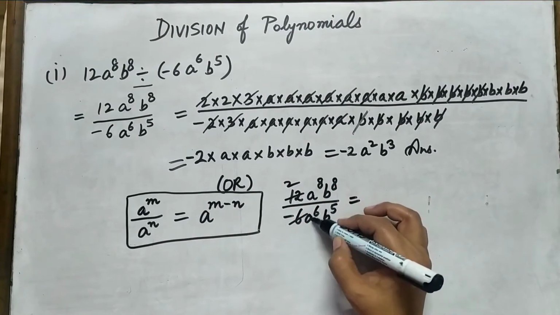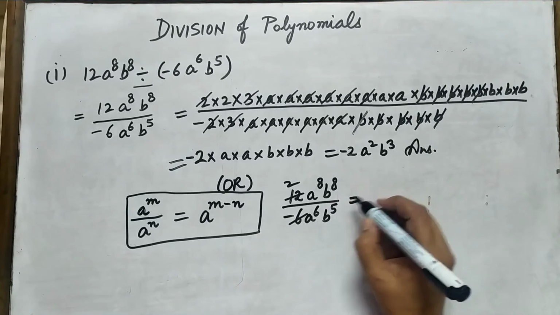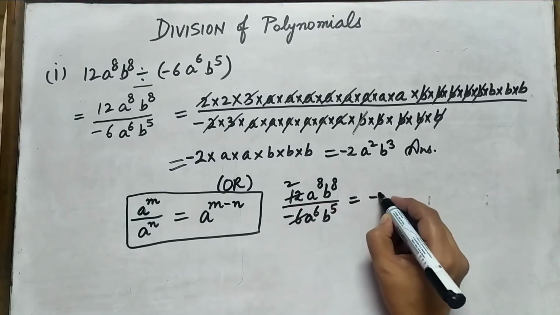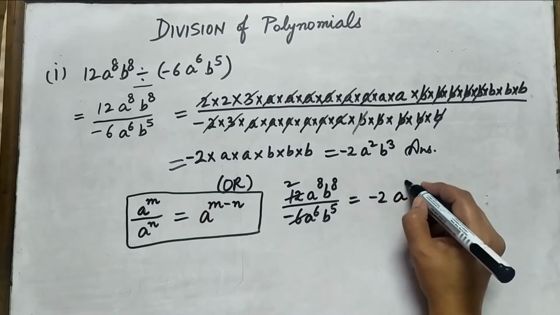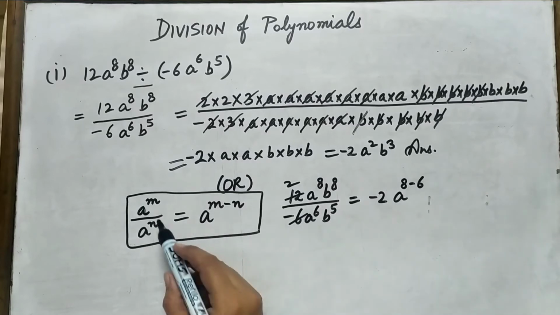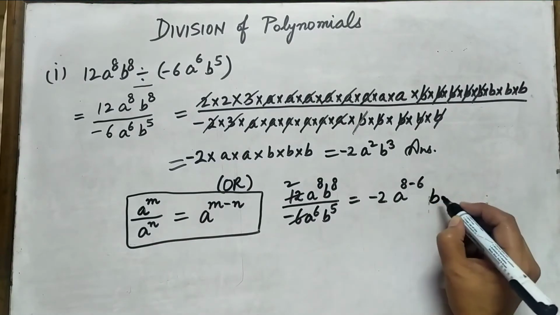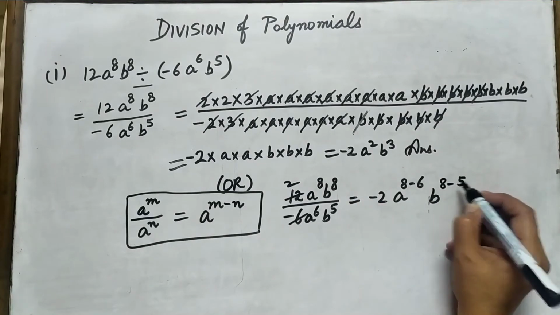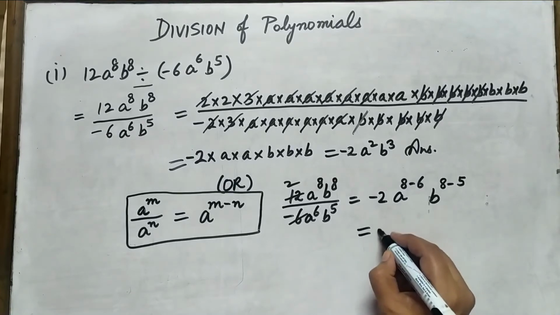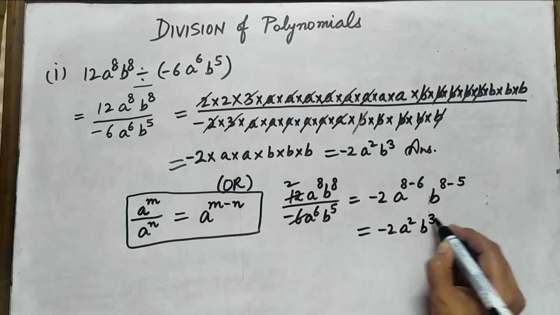Here we use the formula: when base a is taken, this gives minus 2 a raised to power 8 minus 6, numerator power minus denominator power. Similarly, b will have 8 minus 5. So the answer will be minus 2 a square b cube.